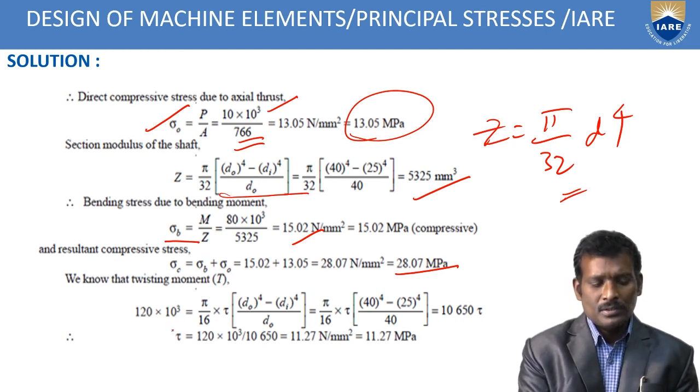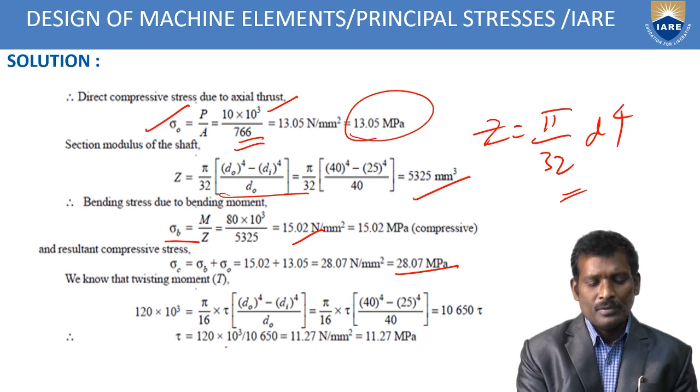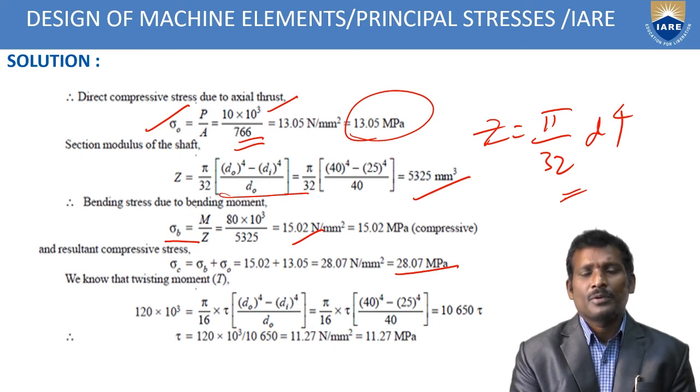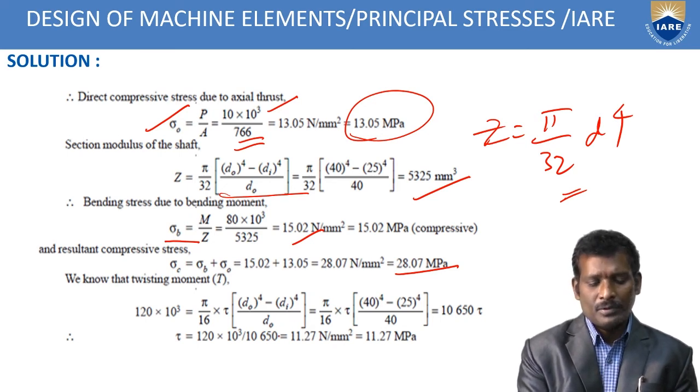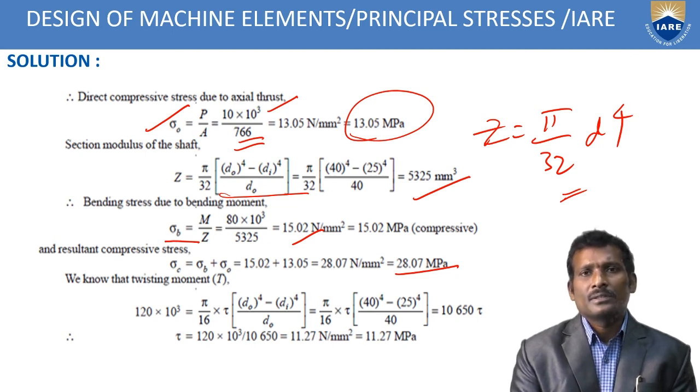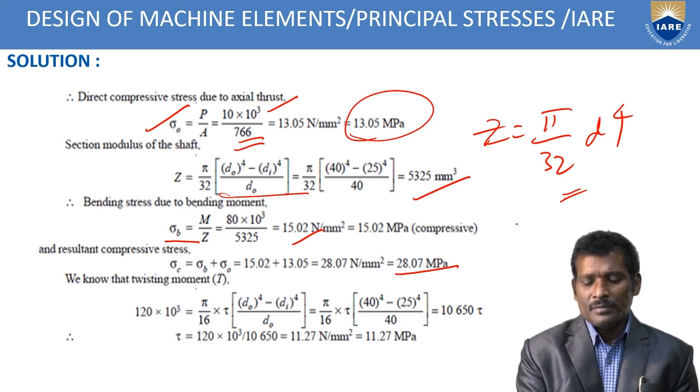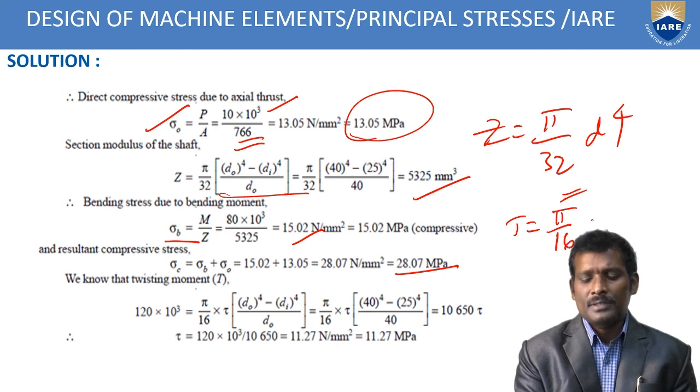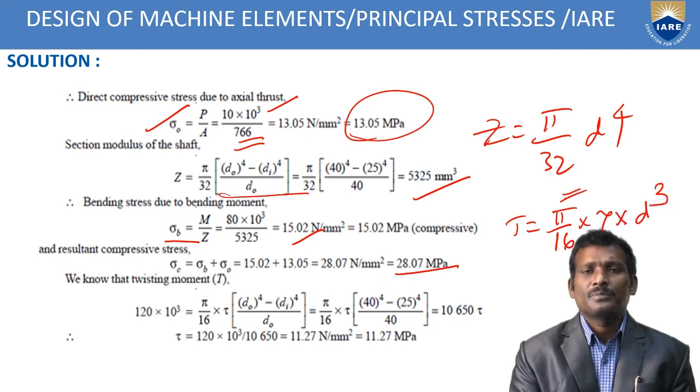Now apply the torsion formula. T, the twisting moment, is equal to π/16 into τ multiplied by (d₀⁴ minus dᵢ⁴) by d₀. Generally for a solid shaft, the torsion equation is T equal to π/16 multiplied by the shear stress multiplied by d³.